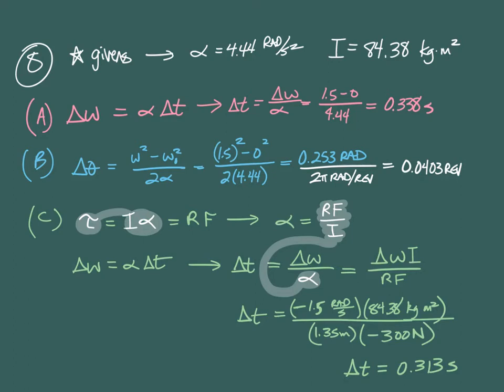I could actually compute the torque value, but the torque value doesn't help me answer part C. Part C wants to know how long it takes. So I could say, all right, what if I bring in this other part, which is also stuff that I know, all right? But none of that gets me to delta T. So I need to say, all right, I know alpha. So since I know alpha, it's in this equation, maybe I can use this.